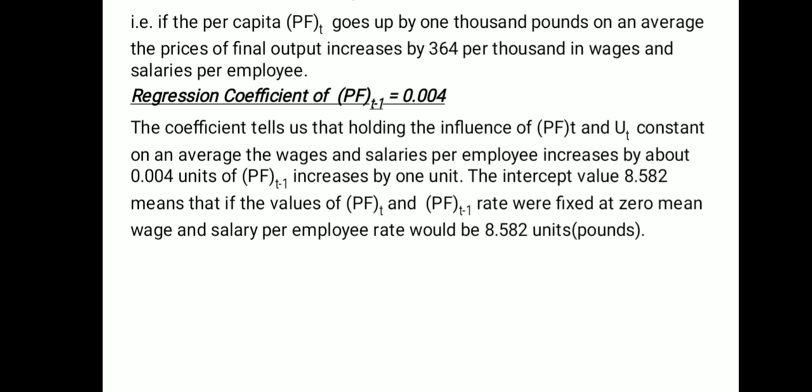This partial regression coefficient tells us that, holding the influence of PFt, prices of the commodity at factor cost, and Ut constant, on an average the wages and salaries per employee increase by about 0.004 units when PFt minus 1 increases by 1 unit.